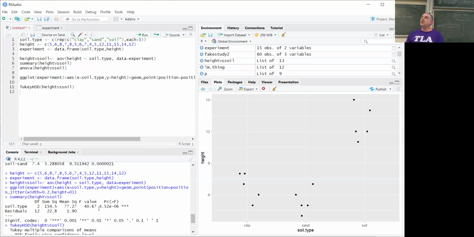I've seen an exam question that goes, here's a whole lot of plots, like QQ plots and stuff. Assess the assumptions of ANOVA. And you'll have to know what the assumptions are.